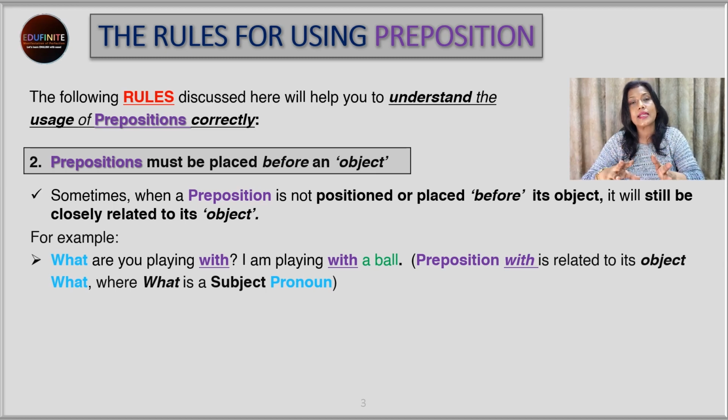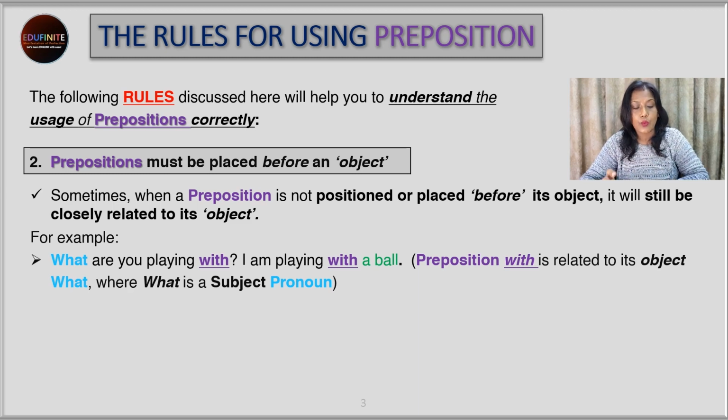So with is related, or it's placed before the object a ball. What represents that a ball? So over here, though with is not beside the object, it is related to the object, which is what over here, which is the subject pronoun.